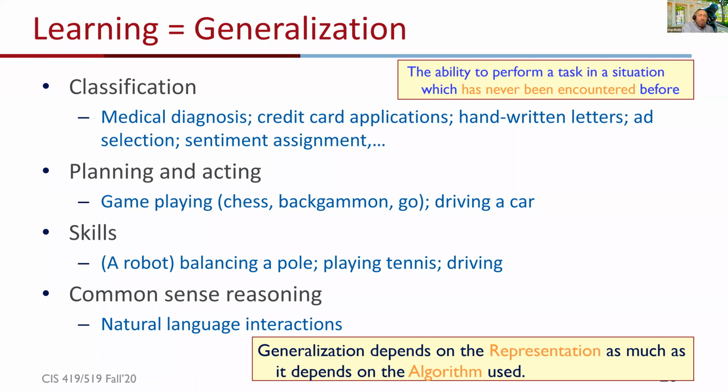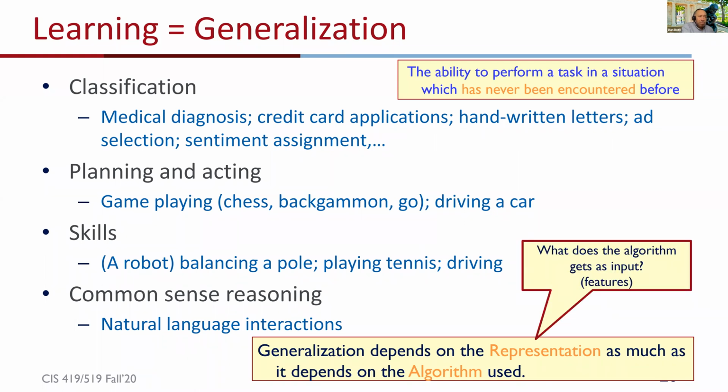And what we'll figure out is that generalization depends on the representation. How do we represent this mail that comes into the mail app? And it really depends on the representation more than it depends on the algorithm that we use. And that's something that is going to be hopefully very, very clear as we go and try to make these things concrete in the class.